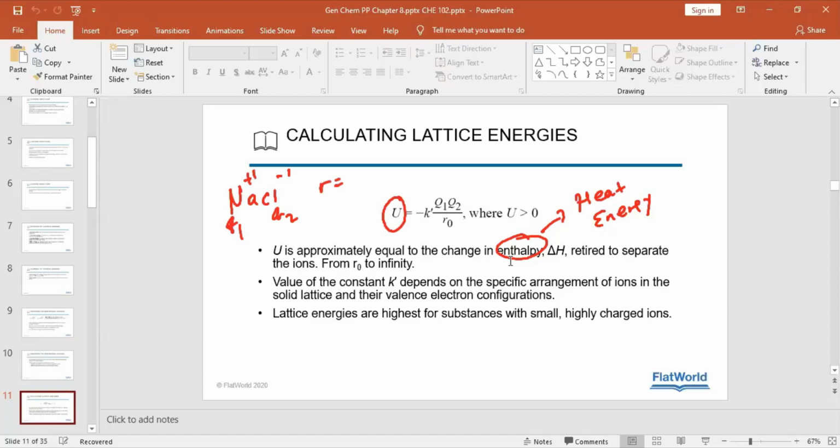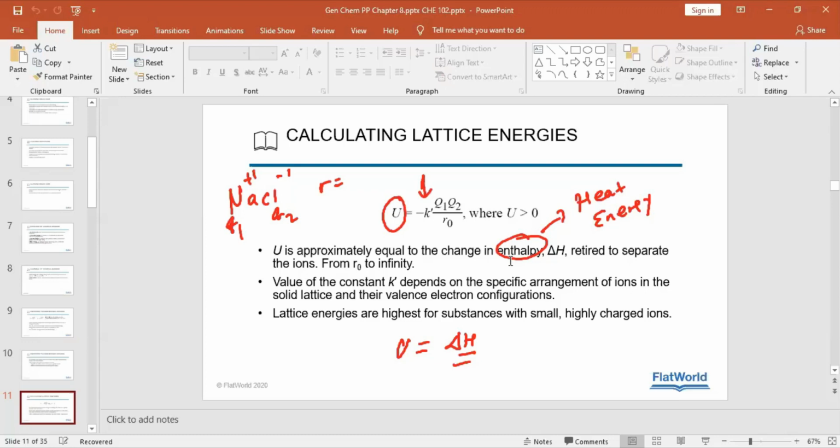So the lattice energy is approximately equal to the change in enthalpy, which is delta H, to separate the ions. The value of the constant K depends on the specific arrangement of the ions in the solid lattice and their valence electron configuration. So the K value for different substances will be given as proportionality constant values.